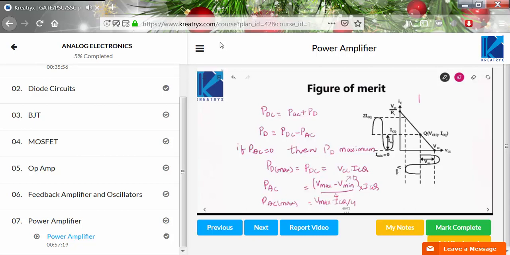Now what is the figure of merit? Figure of merit FOM is nothing but PD max by PAC max. PD max is nothing but VCC into ICQ. PAC max is V max into ICQ by 4.